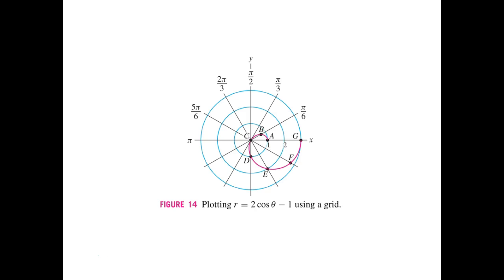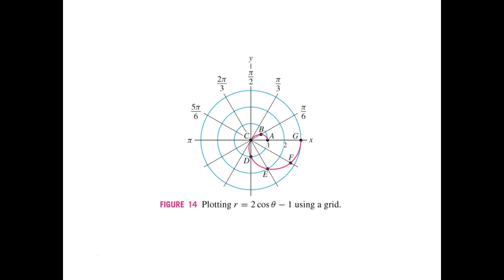What's cosine of pi over 6? The cosine of it would be square root of 3 over 2. 2 times that would be the square root of 3. Minus 1: square root of 3 is 1.7, so it's about 0.7. So that's where you are there.